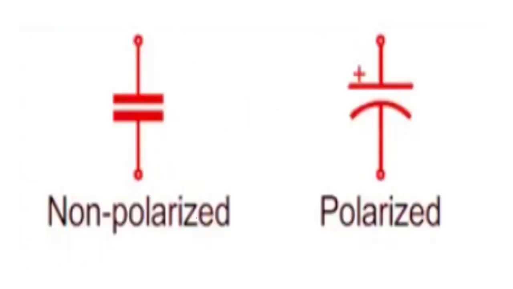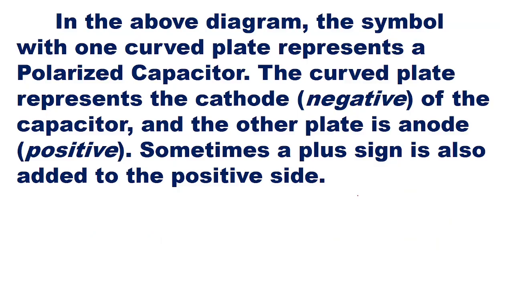Now in a capacitor, we can also have a non-polarized capacitor, where you can see two parallel straight plates. And we can also have one plate straight and one plate curved, which is called a polarized capacitor.